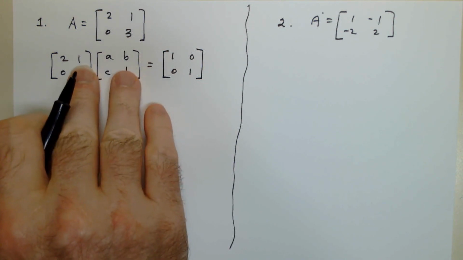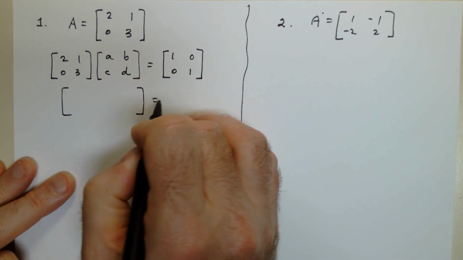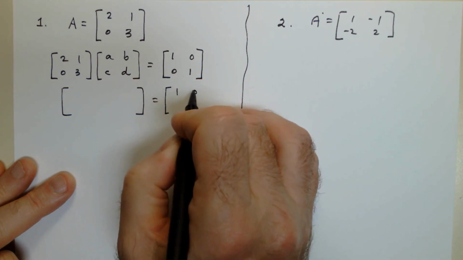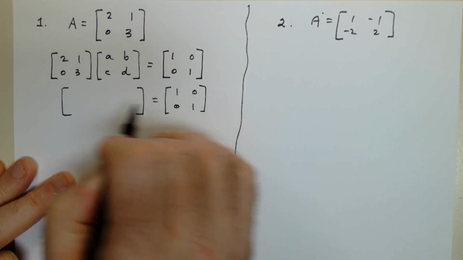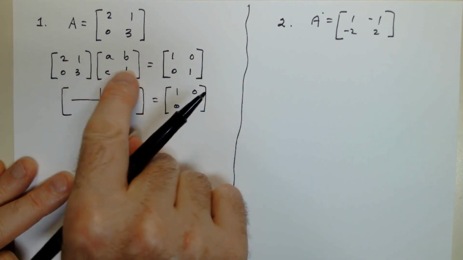All right, let's work on this left-hand side a little bit. This can be reduced to a 2 by 2 matrix. Let me give myself a little grid to work in to keep myself lined up here.